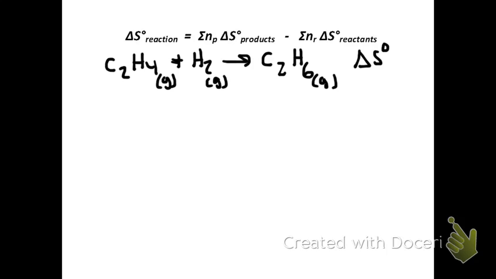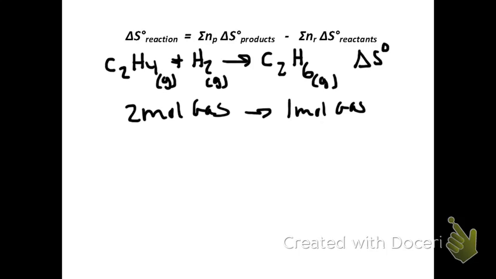Well, looking at the reaction, you should be able to predict what the sign is going to be. Notice that you're going from 2 moles of gas, that's from the C2H4, and the 1 mole of H2, going to 1 mole of gas.